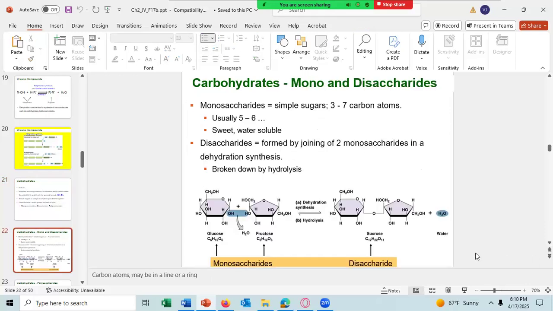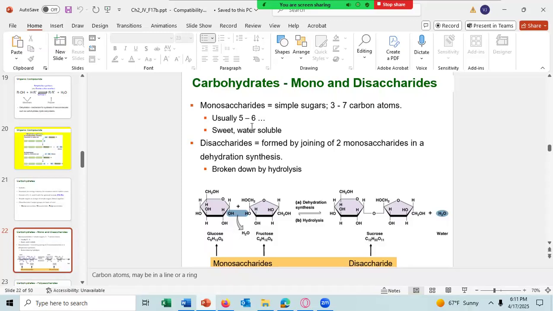All right, so carbohydrates, we have mono and disaccharides we're going to talk about. A monosaccharide is a simple sugar, always composed of between 3 and 7 carbon atoms. But most monosaccharides are either 5 or 6 carbons.